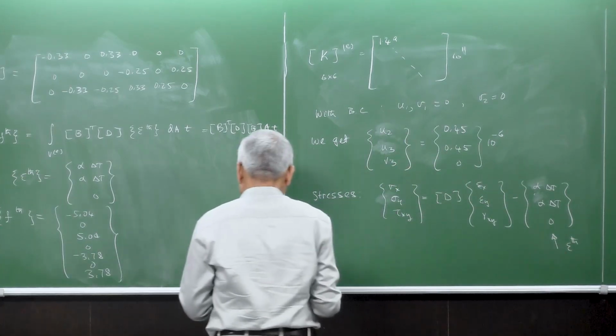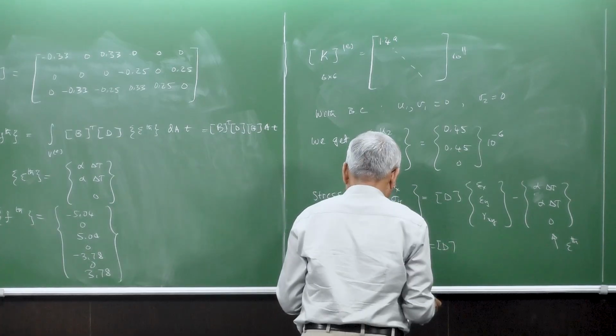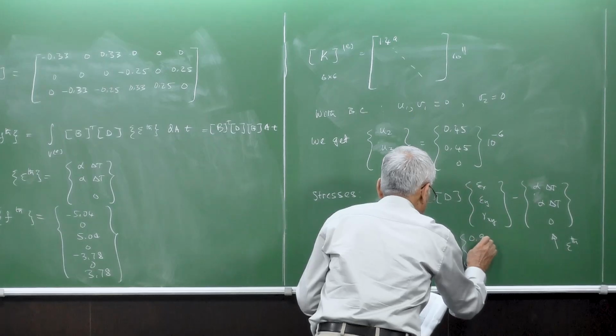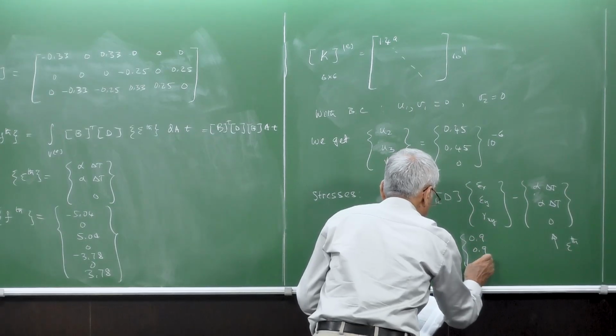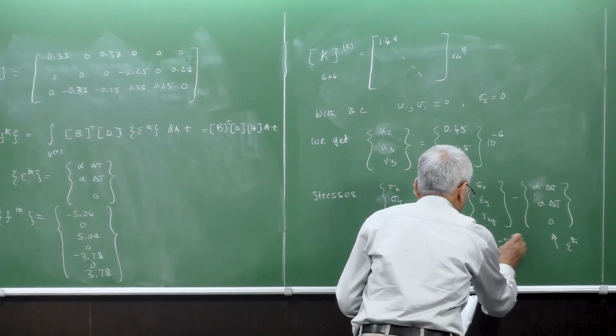Using this, we get 0.90, 10 to the power of minus 5.